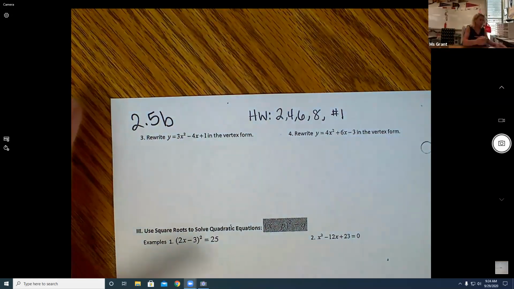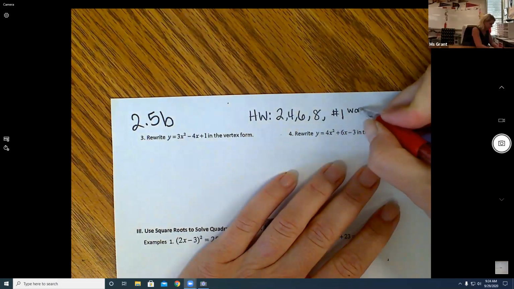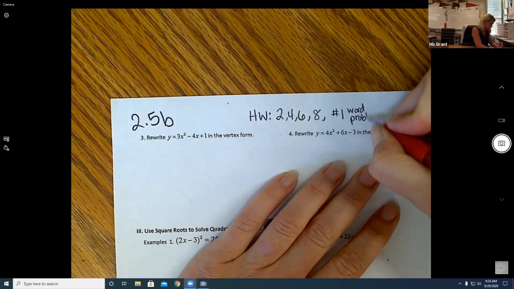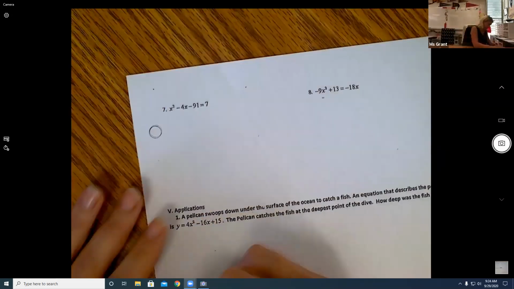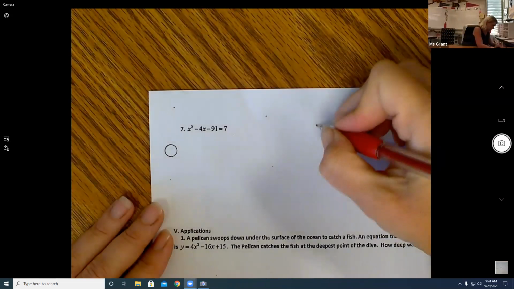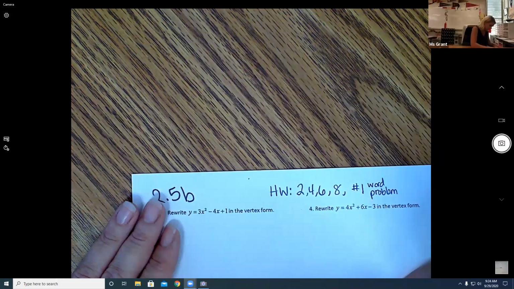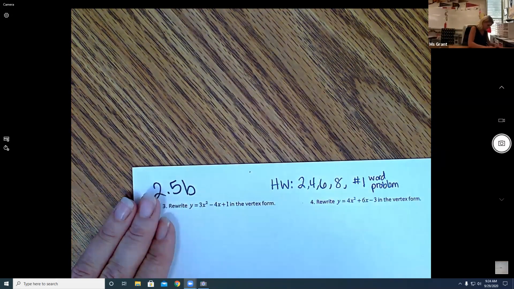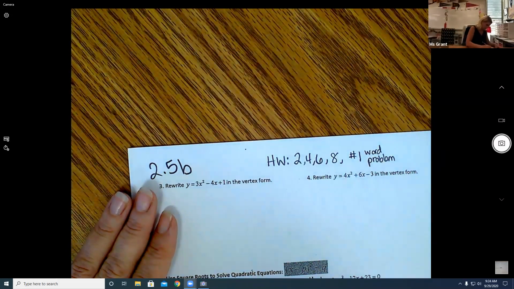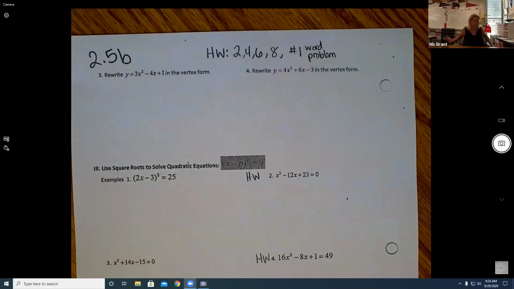Now number 1 is going to be the word problem, which is on the back side right here. So I'm going to put an HW next to every question that's homework, okay? So now we're going to get started, and we have plenty of time, so this is good.